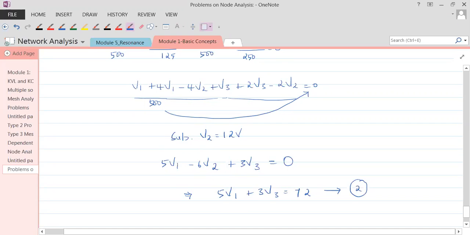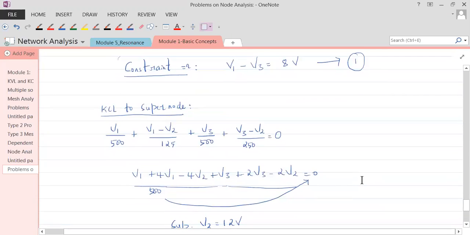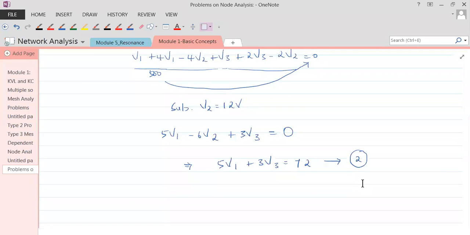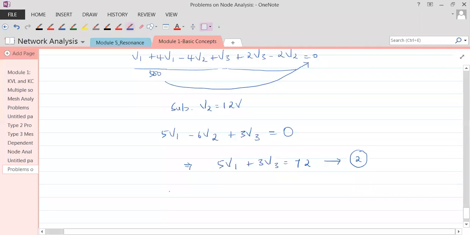Solve equation 1 and 2 for V1 and V3. Anybody with V1 and V3? Okay, V1 we are getting to be 12 and V3 4. Good.